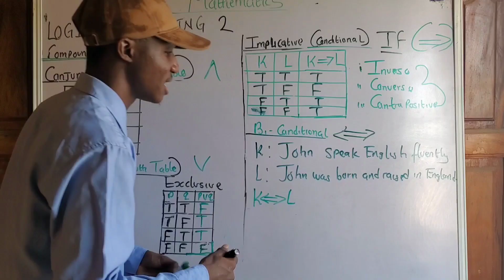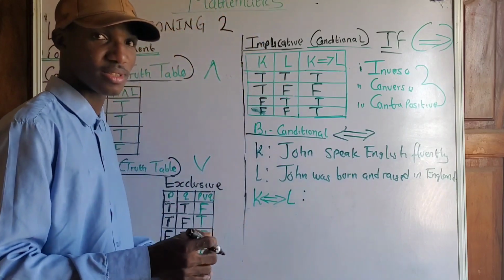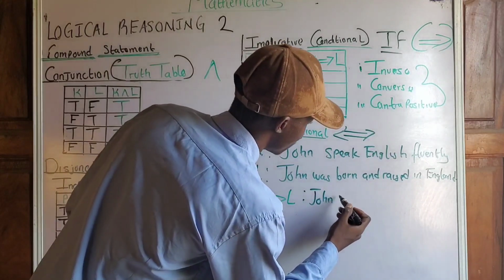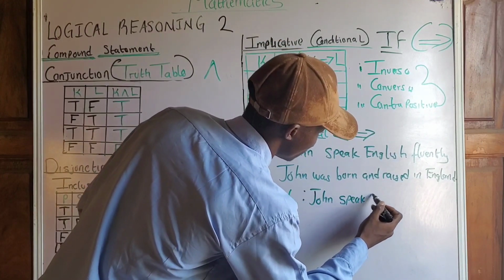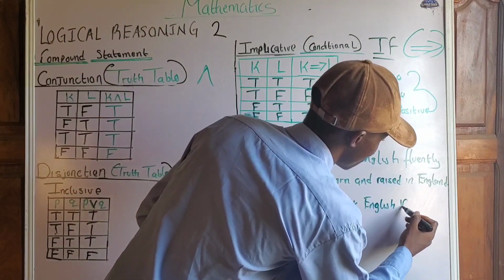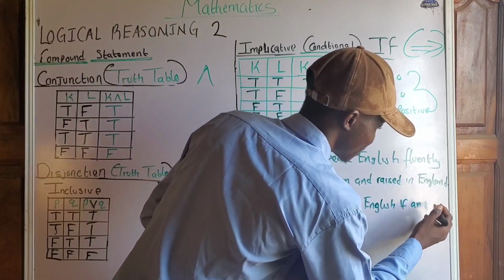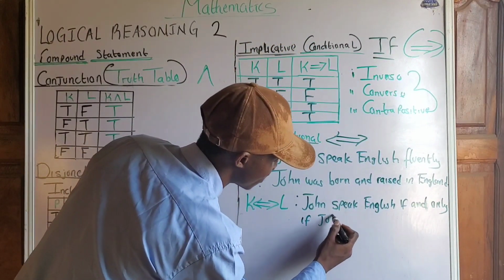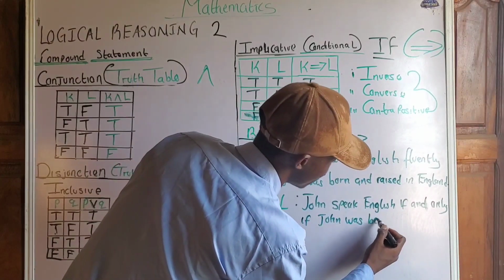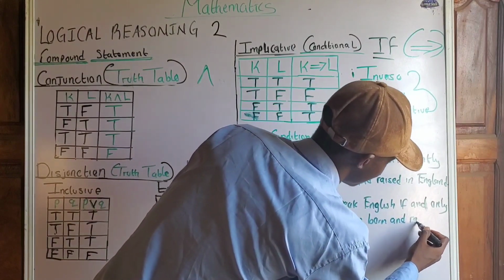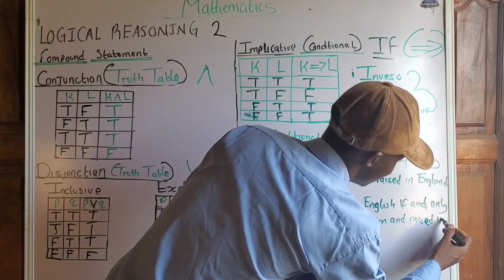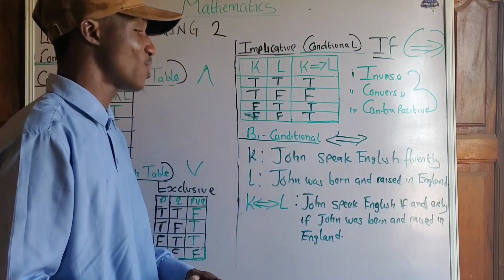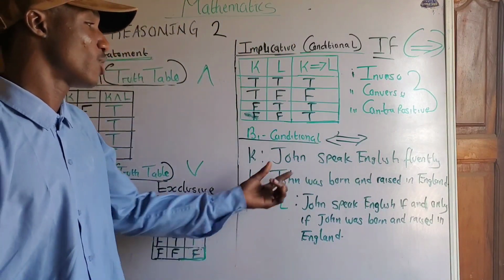And the meaning of this is that John speak English if and only if John was born and raised in England. You can see? So that is a biconditional statement for you. John speak English fluently.